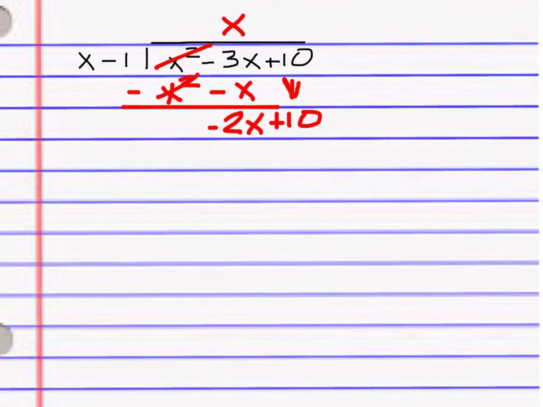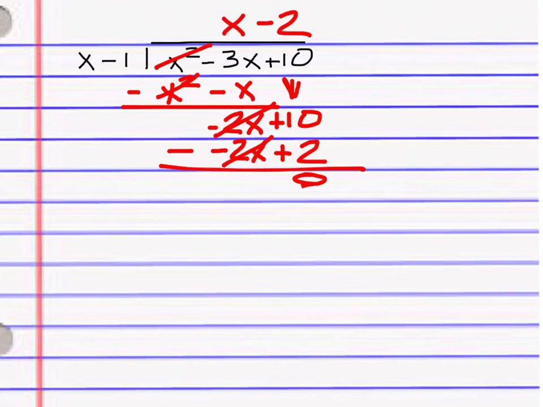Negative 2. So if I put a negative 2 here, what do I do with it? Multiply it by x minus 1. So negative 2 times x is a negative 2x, and negative 2 times negative 1 is plus 2. Subtract. These cancel out. 10 minus 2 is 8. Yes, x minus 2, remainder 8.